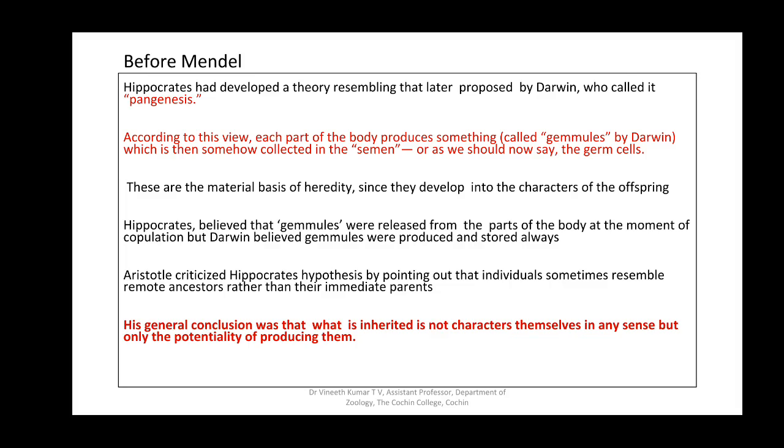For example, for eye color, the black eye color, the materials controlling the eye color leak out from the eye into the body fluid, and this fluid, blended with the body fluid, is taken into the reproductive organ, for example the testis, and it is through the semen that these particles deposited in the reproductive organ get transmitted to the next generation.